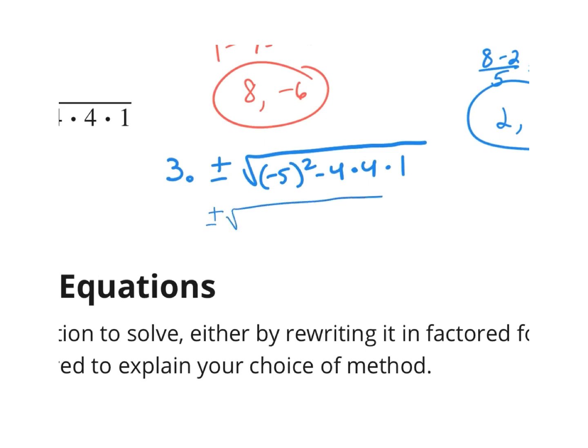Negative 5 squared is 25. Okay, and then I'm going to go ahead and do my multiplication as well. 4 times 4 is 16. 16 times 1 is 16. Next, I'm going to take 25 and subtract 16 from it. When I do that, I get 9. And then finally, I take the square root of 9. So my answers are going to be positive 3 and negative 3.